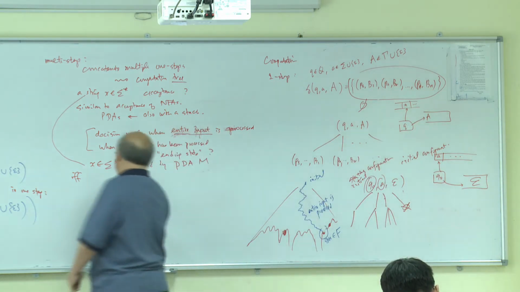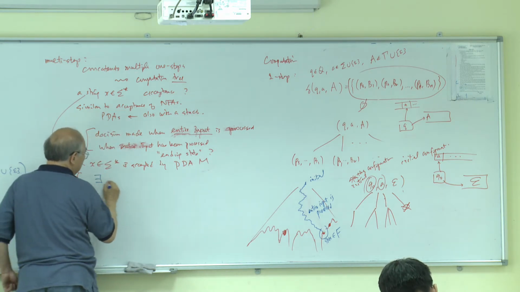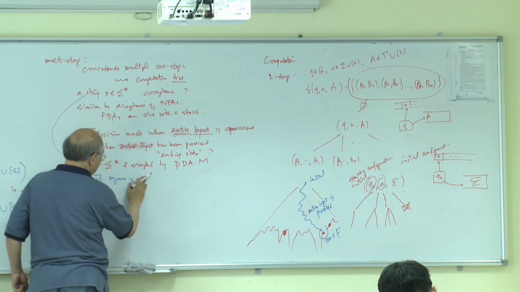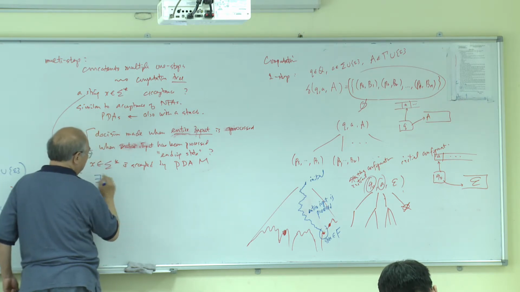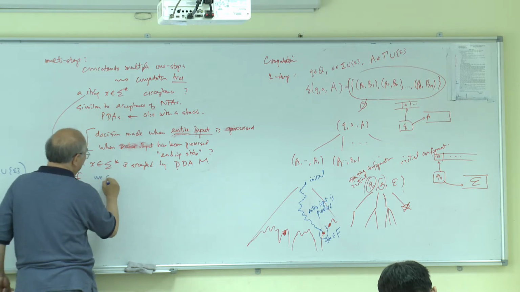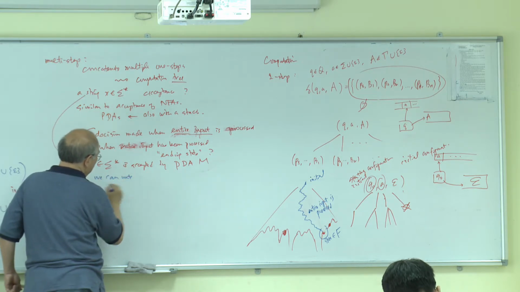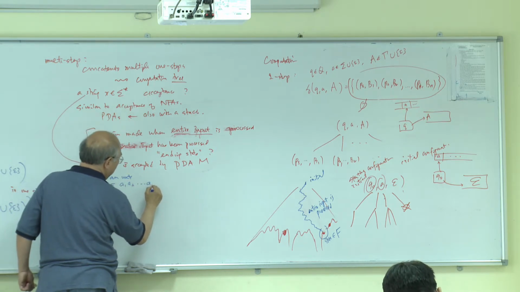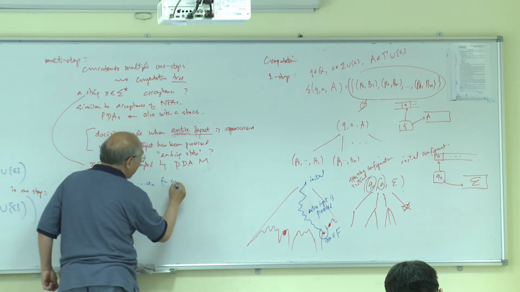If and only if we can write x equal to, say, a1, a2, ..., an, for some n, we do not know how.